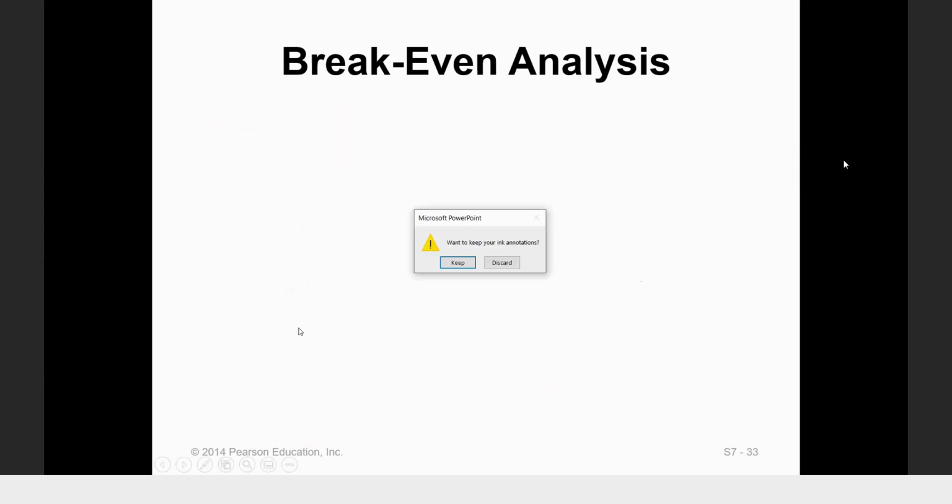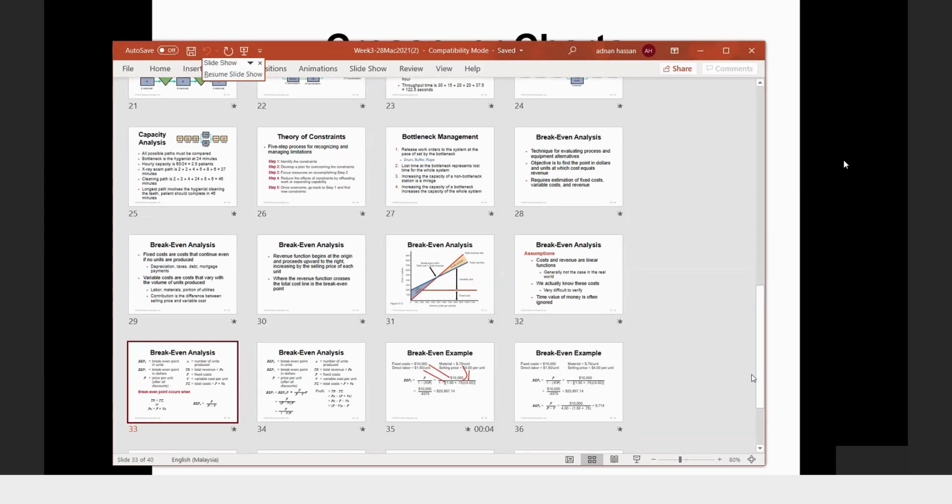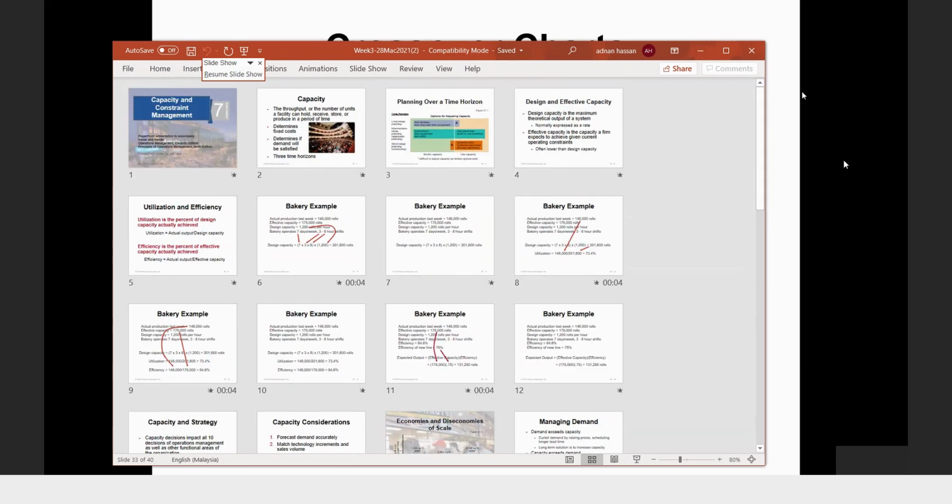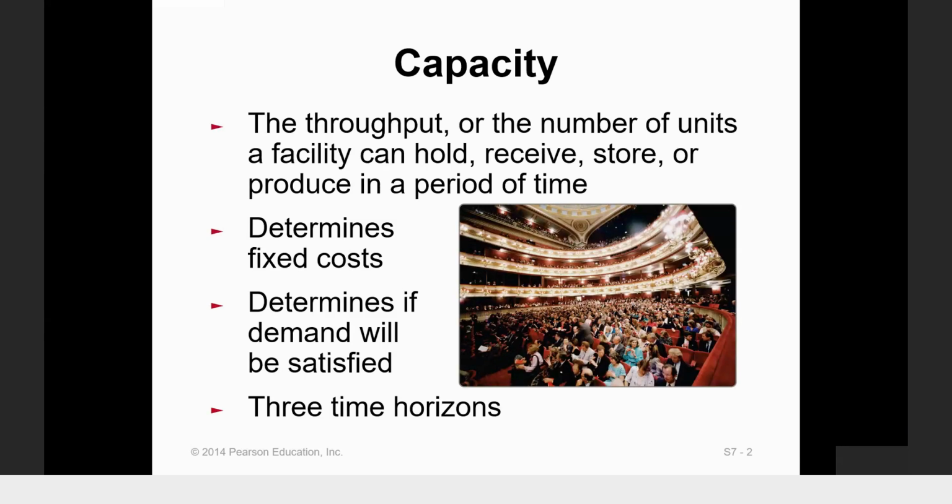Let me go back to capacity. Capacity analysis. There are several parameters that we need to understand in capacity. Capacity in a simple way, for example, in a ballroom ataupun theater, is how many people can go in.